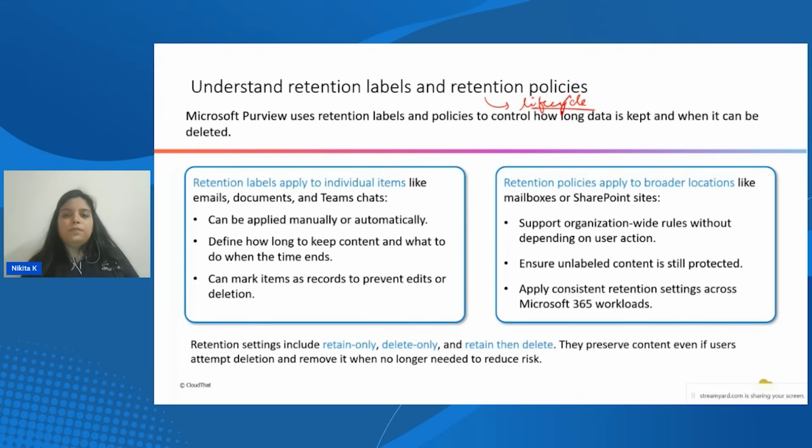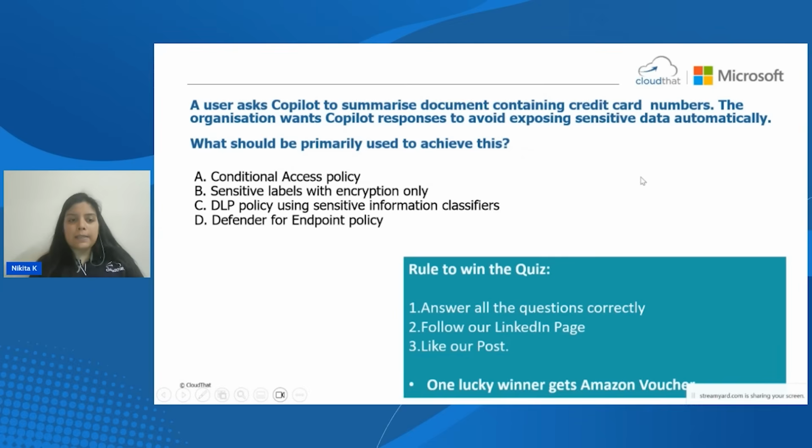You need to create the retention labels, like say the data should be accessible for 2 years, or the data should be accessible for 3 years. Or the retention policy will work on the locations. Let's say SharePoint, let's say Outlook, all the emails in Outlook you can access till 2 years, or you can access till 3 years. So you can set all these things.